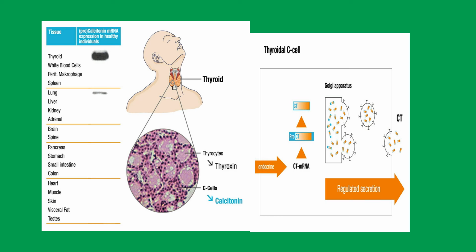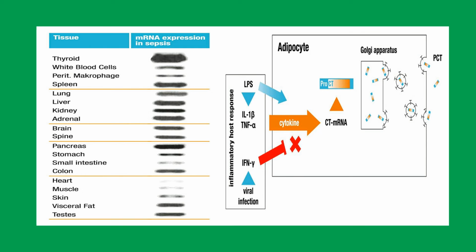So during sepsis, wherein your body is in a hyperinflammatory state, all of these organs or cells will be secreting procalcitonin at higher levels, and thus your plasma procalcitonin will also be elevated. So again, your procalcitonin is elevated mainly in bacterial infections, especially bacterial sepsis, and to some extent fungal infection, but is only very slightly elevated in viral infection or almost normal.